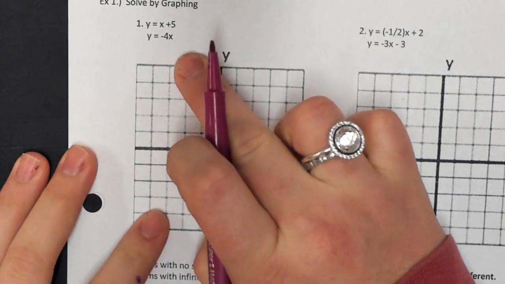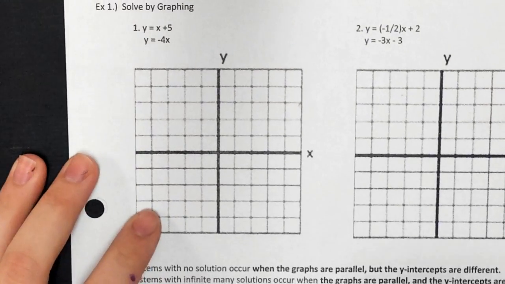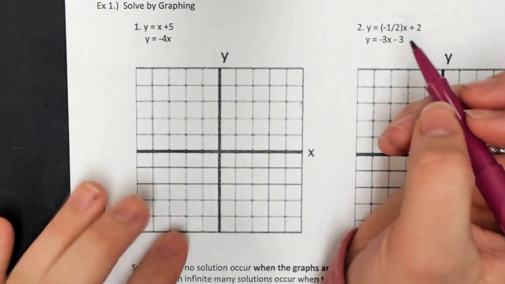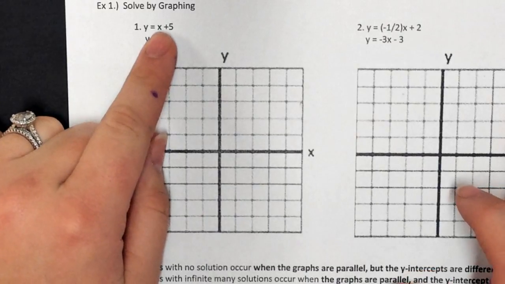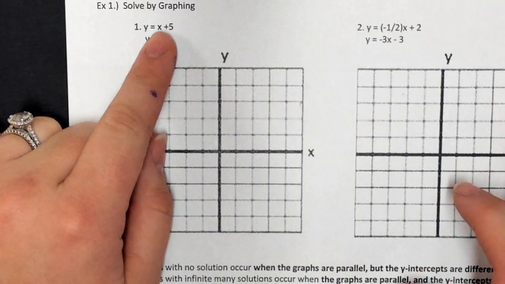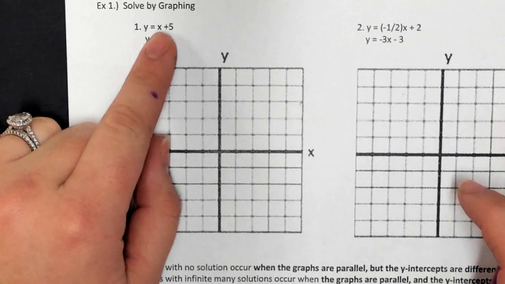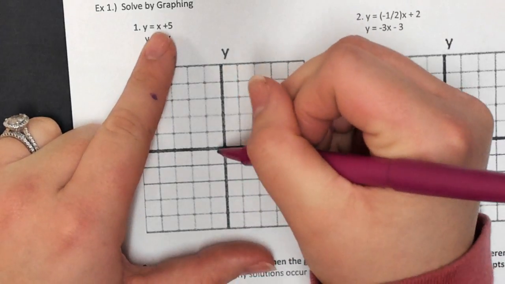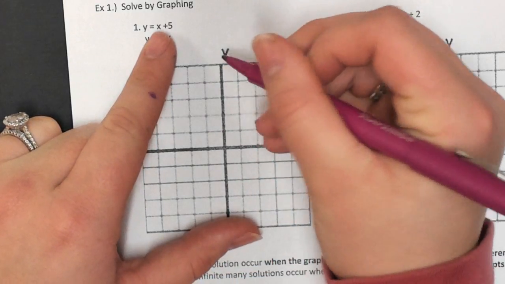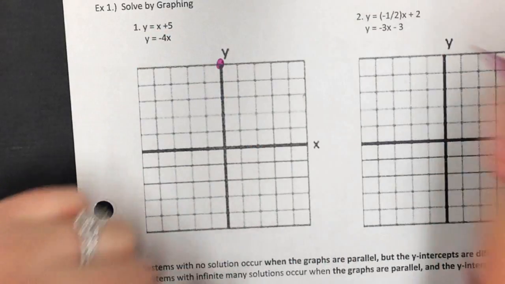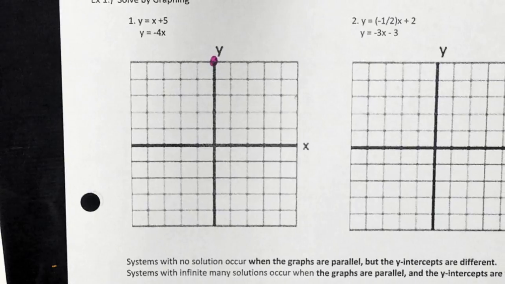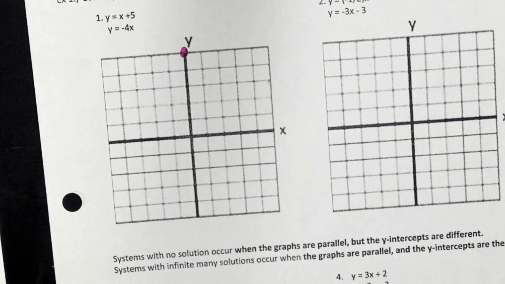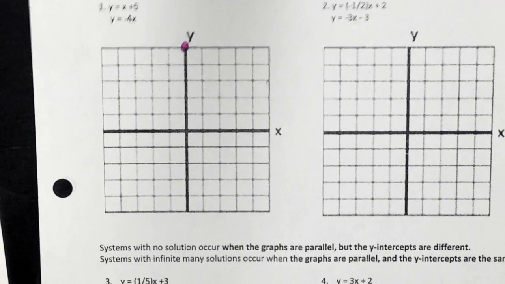So on example number 1, here are 2 equations. I want us to graph those just like we've been doing. So let's break it down and just look at one at a time. Let's look at the top one. What is the y-intercept? 5. That's where we begin or start. So let's go up to 5. 1, 2, 3, 4, 5. So what's our slope? 1. But can I go up anymore?